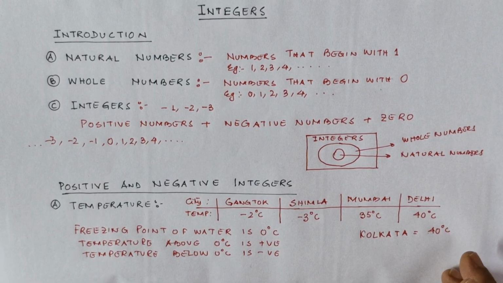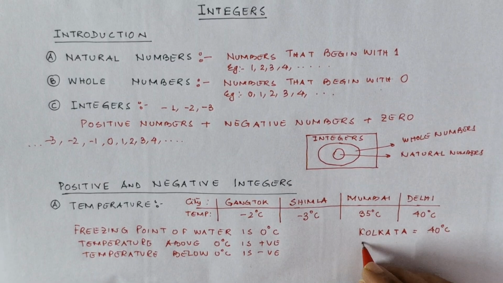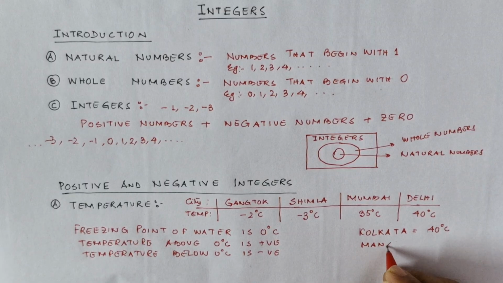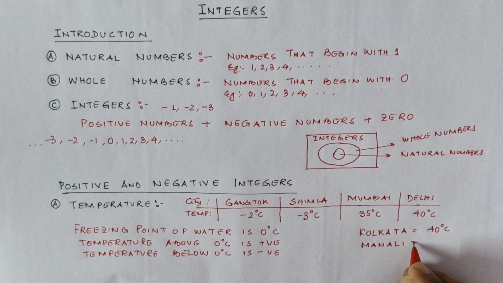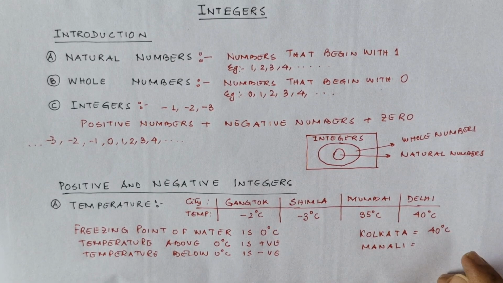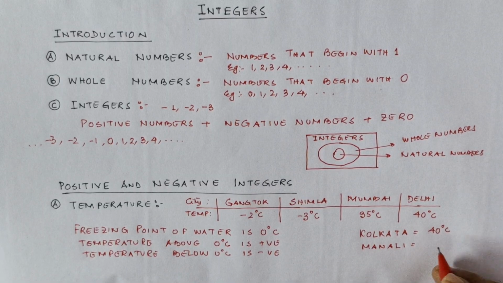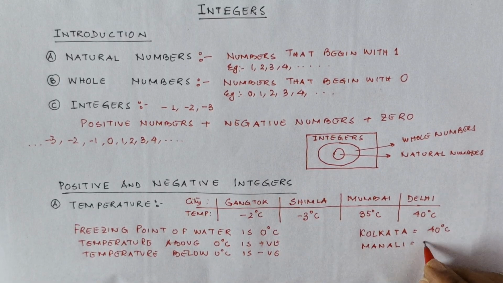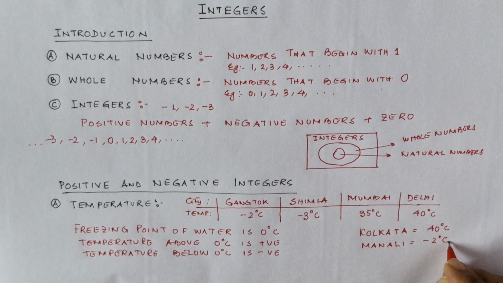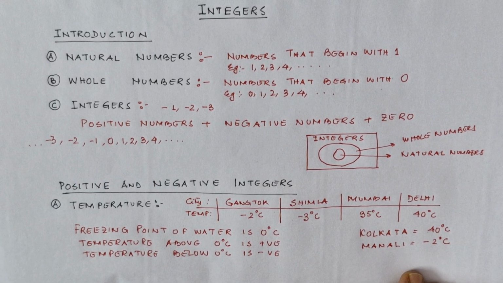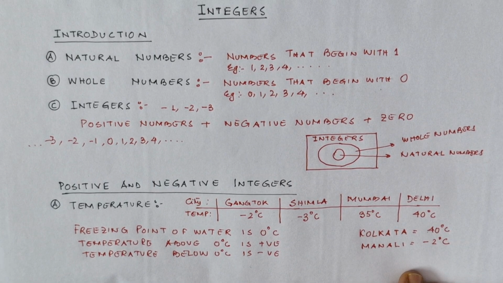If somebody tells you that Manali has a temperature 2 degrees below the freezing point of water, how will you represent it? 2 degrees below is negative, so you can represent it in this way. Got it? Let's take a few more examples.